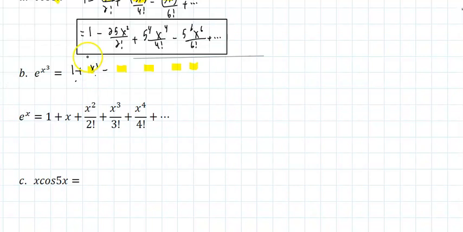There. So this will be 1. Instead of x, x cubed plus x cubed squared over 2 factorial plus x cubed to the 4th over 4 factorial plus, the list goes on, x cubed, 1, 2, I missed the 3.